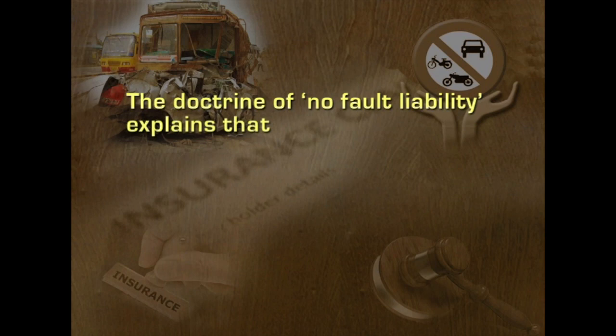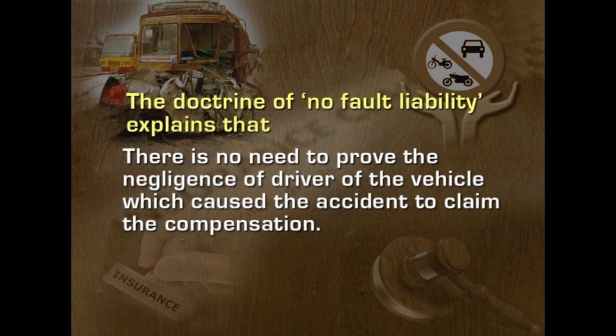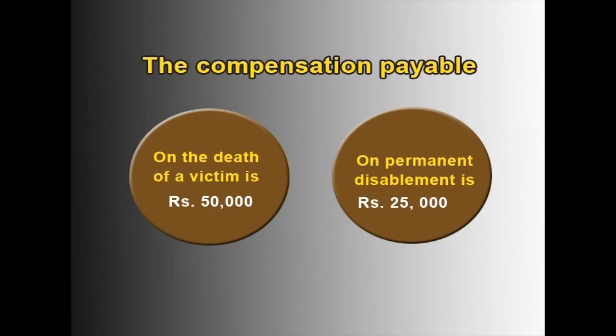The doctrine of no fault liability explains that there is no need to prove the negligence of the driver of the vehicle which caused the accident to claim the compensation. This right to claim the compensation is in addition to the right of claim under any other existing laws. The compensation payable on the death of a victim is rupees 50,000, and on permanent disablement is rupees 25,000.